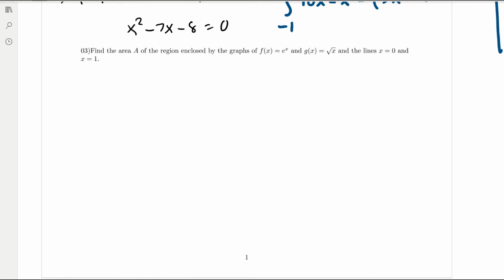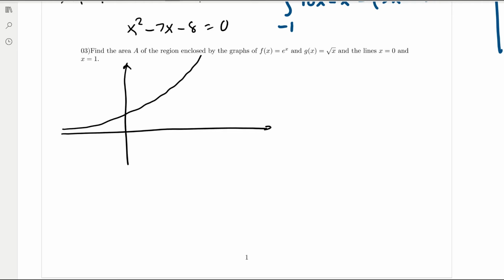Here's the second example. Find the area A of the region enclosed by the graphs of f(x) = e to the x, g(x) = square root of x, and the lines x equals 0 and x equals 1. If I draw this, e to the x, we know it looks like this, square root of x looks something like this, and then the line x equals 0 is here, and x equals 1 is this line.